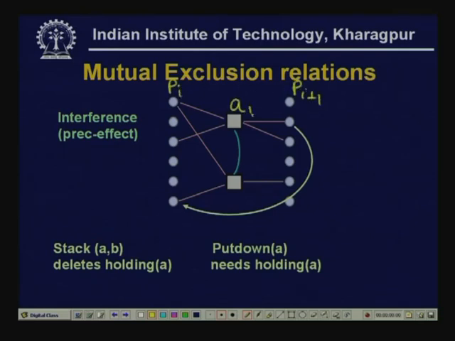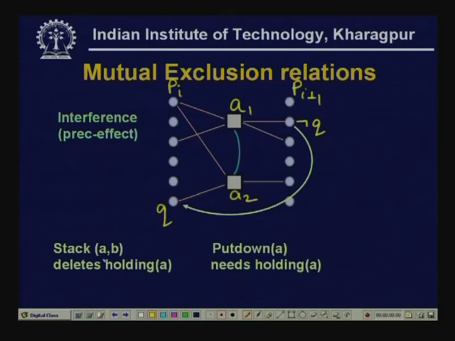We say action A1 and A2 are mutex if action A1 has an effect, let us say not Q, that is, action A1 deletes Q, where Q is a precondition of A2. So, in this case we say A1 and A2 interfere. So, these two actions will be mutex.